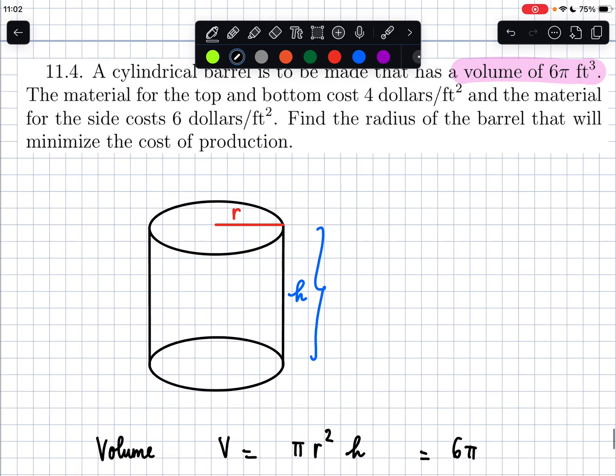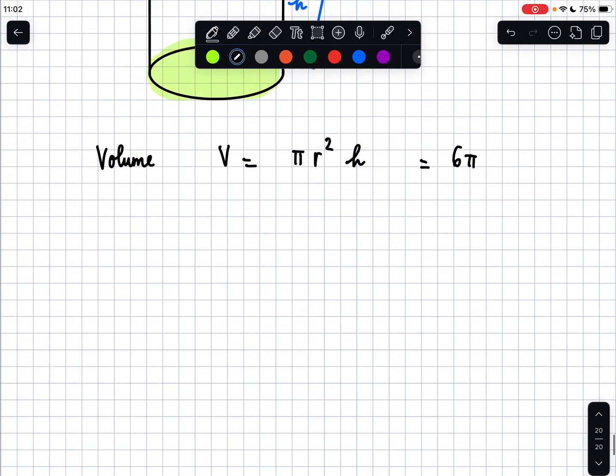The material cost for the top and the bottom. So the top and the bottom cost $4 per feet squared. So let's compute the cost for the top and bottom. The cost of the top equal to the cost for the bottom.